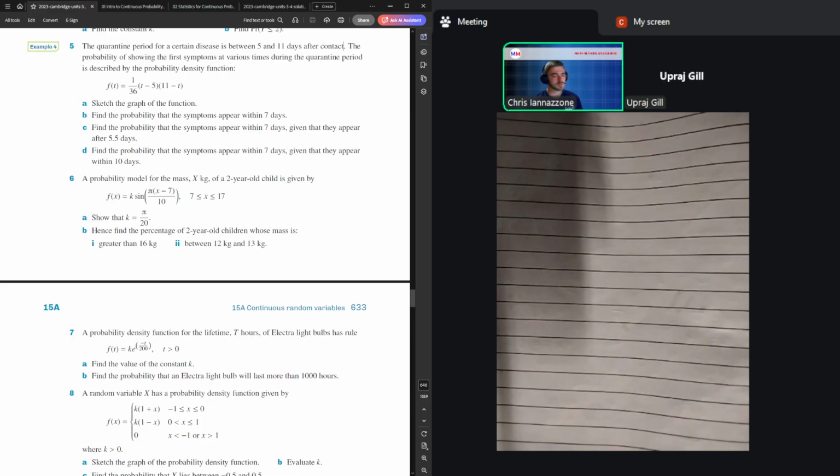The arithmetic will get a bit heavy here. If you want to use a CAS to speed things along, you can. It's heavy-ish, because that fraction 1 over 36 will be a bit of a pain. Up to you.